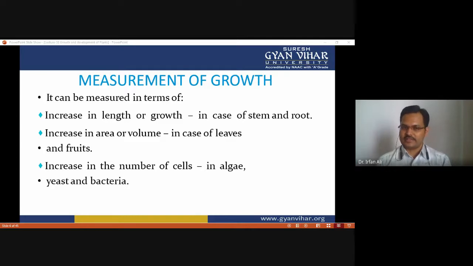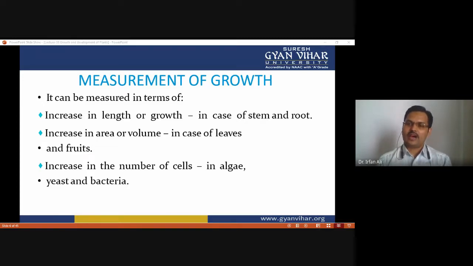So in the case of leaves, we consider the area or volume of the leaves. If there is an increase in the volume or area of the leaf, we say that growth is there. This is the parameter by which we measure the growth of a plant. In the case of stem or root we measure the length, and in the case of leaves we measure the area or volume.